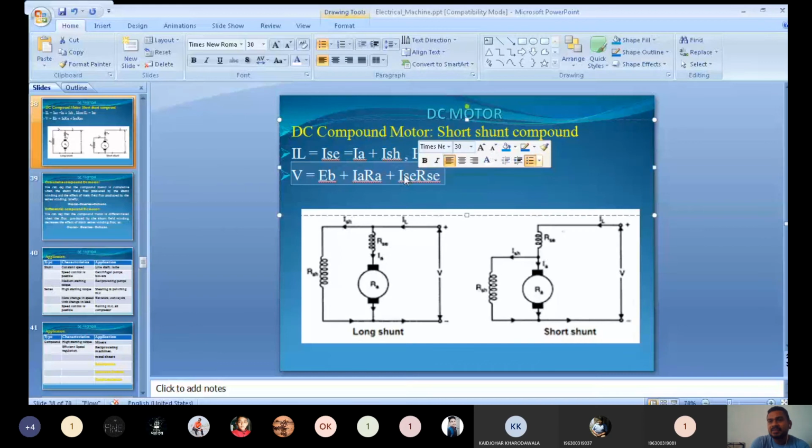Here instead of ISC you can also write IL, because IL and ISC are the same. So V is equal to EB plus IARA plus ISC RSC is equal to EB plus IARA plus IL RSC. This is the voltage equation for the short shunt compound motor.